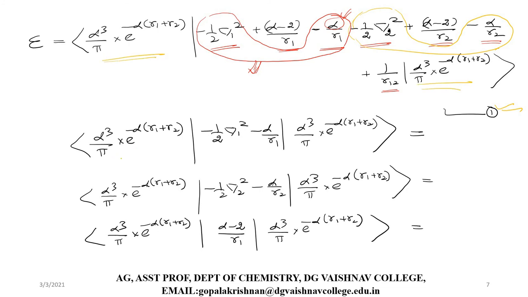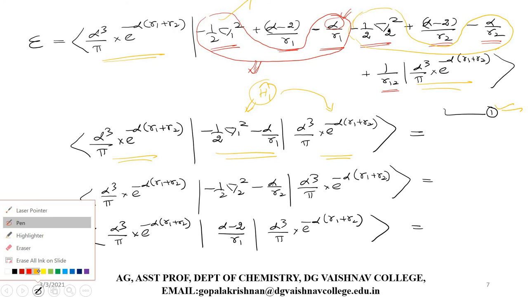I am taking the part minus 1 by 2 del 1 square minus alpha by r1 as a separate integral. This looks like the Hamiltonian for electron 1, and it operates on the function e power minus alpha r1 alone. If it operates on e power minus alpha r1, what will we get? We will get this answer.